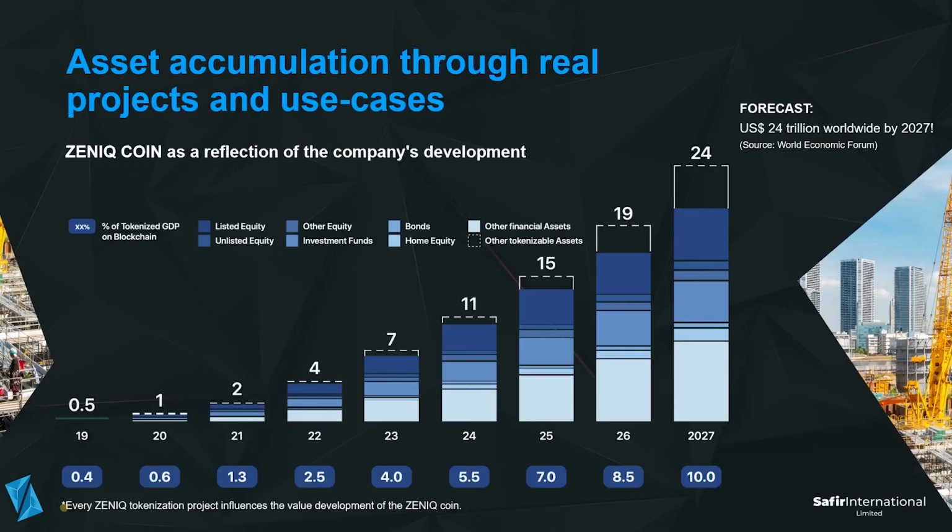Here we see a forecast from the World Economic Forum predicting that the total tokenization market will be by 2027 at the total value of 24 trillion US dollars, meaning that there is a massive wave of cash coming onto blockchains.